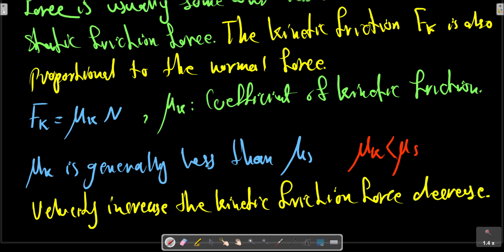Coefficient of friction depends greatly on the exact condition of the surface.